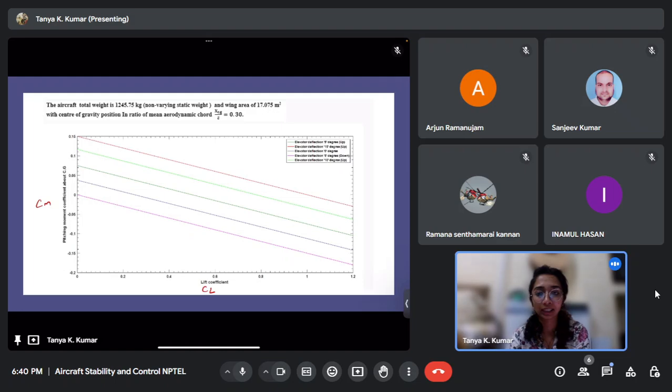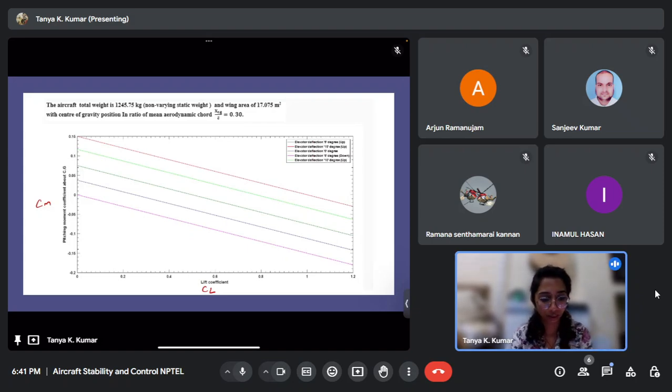It has a negative slope like we have learned so far, and you have elevator deflection. So this is for each different elevator deflection. We had seen that elevator deflections do not change the slope of the graph, so the slope is constant throughout, only the y-intercepts keep changing.